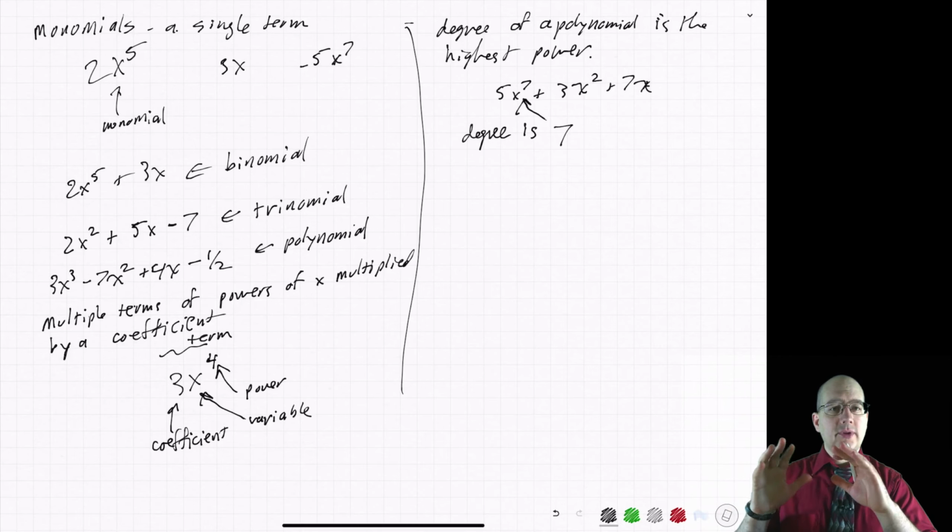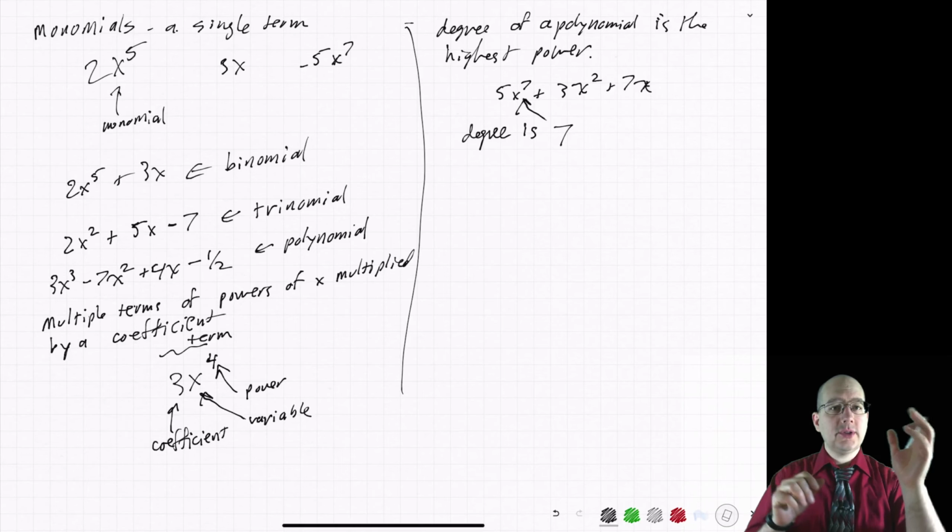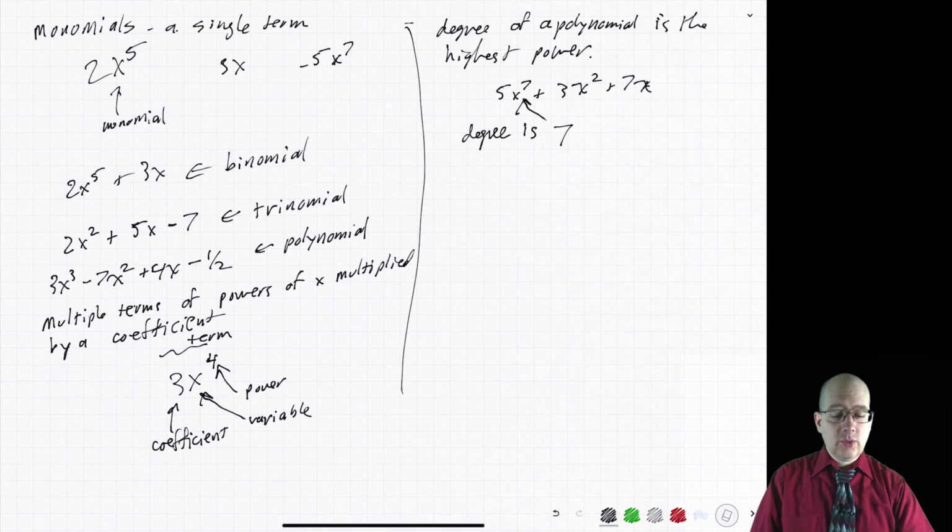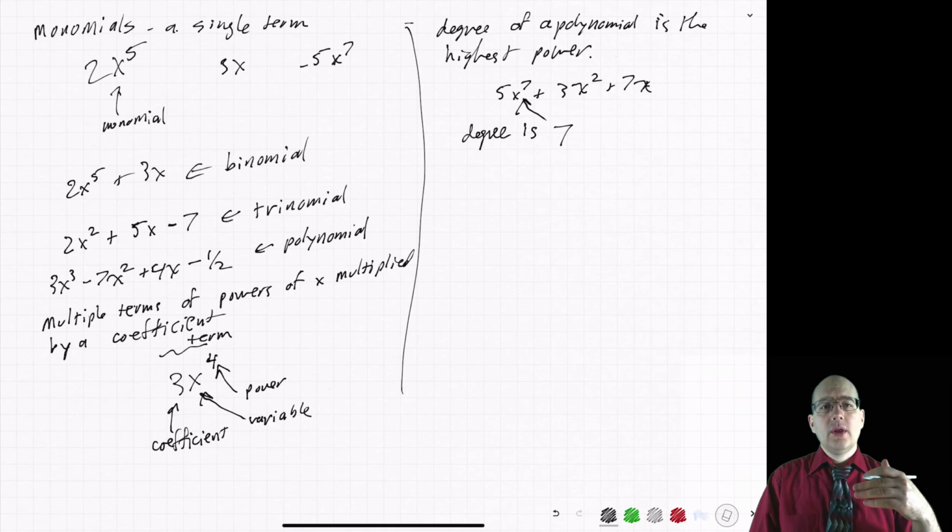In vertex form, the x minus something, that quantity squared, you can think of that thing inside as one term. You can actually replace the variable with another variable to make it so. So you might argue that it could be trinomial or binomial.